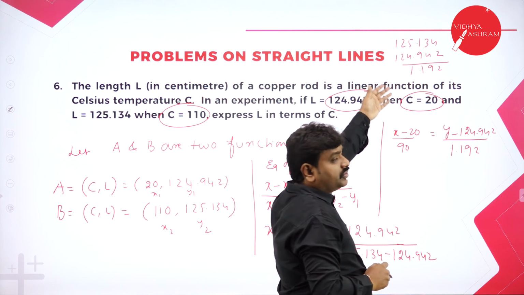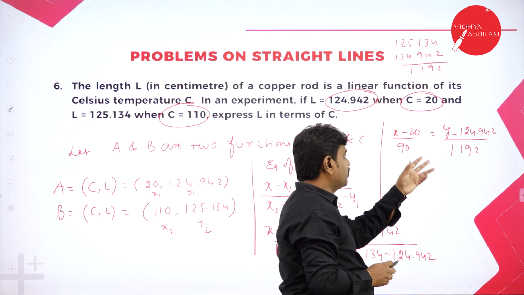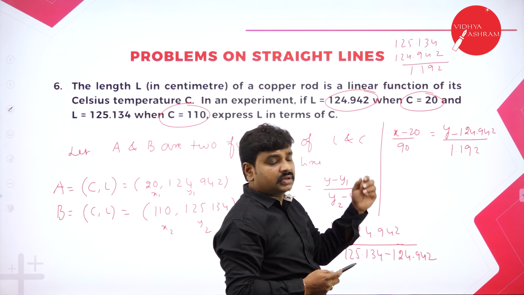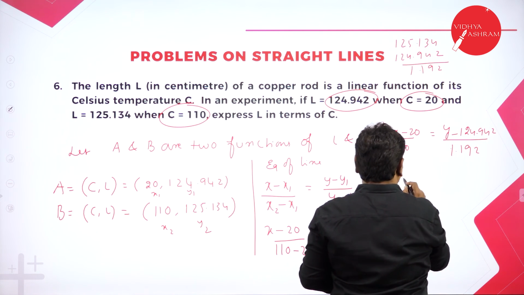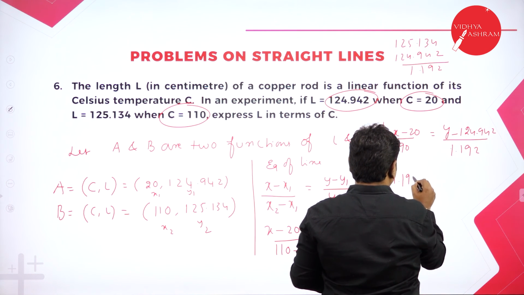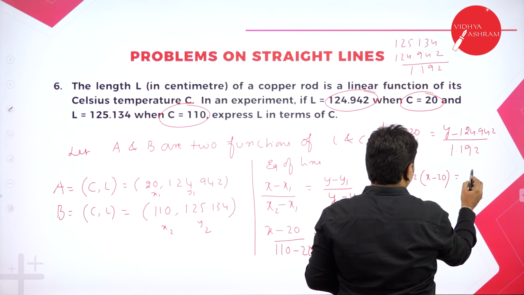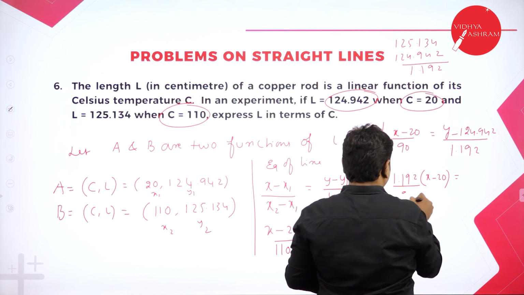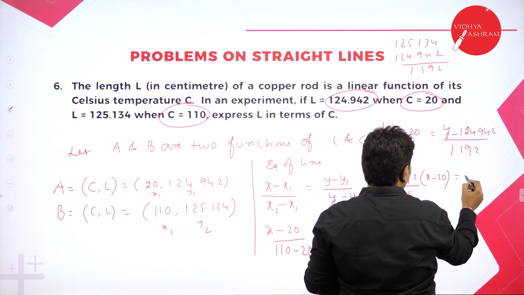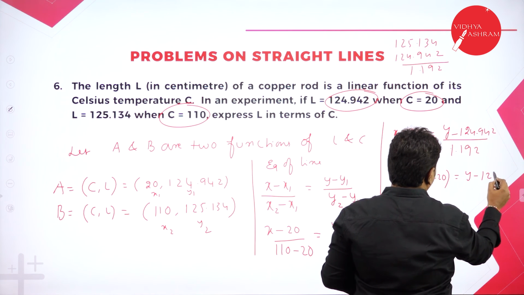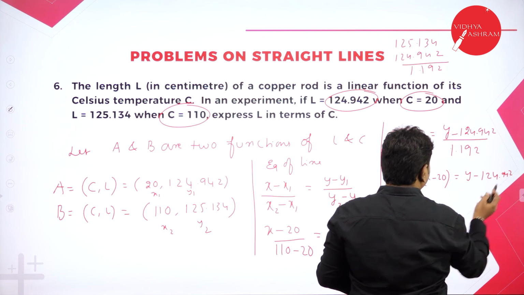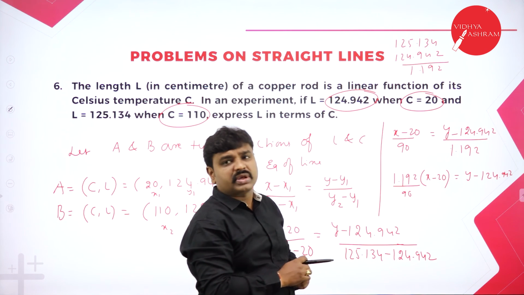Now this is the value. Further you can simplify by cross multiplying. That is 0.192 into (x minus 20) equal to 90 times (y minus 124.942). Check whether it is divisible. Rearrange and write it in the form y is equal to mx plus c.